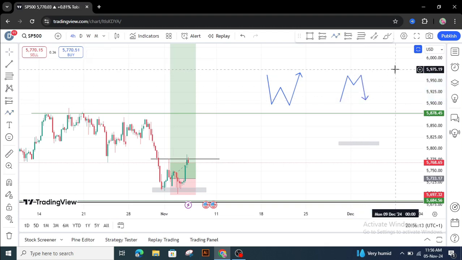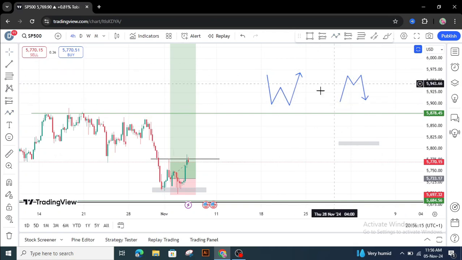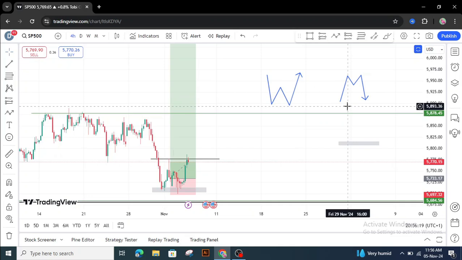Okay, these are the patterns. These are the two most powerful patterns when it comes to price action. When you are trading price action, these are very powerful patterns that you need to look out for.